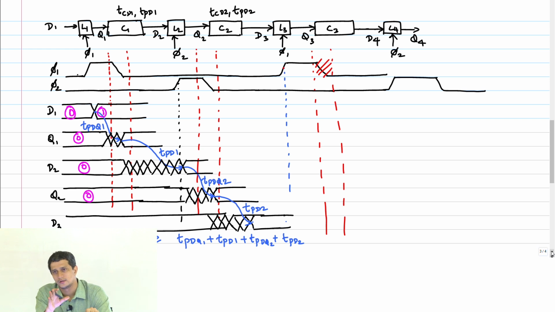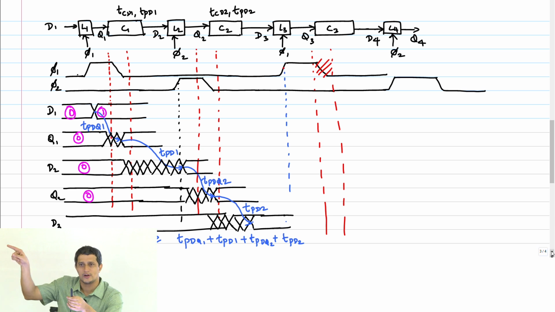Even before phi2 went high, you would usually have wanted to complete your operation. But now I'm saying I will borrow time in the on cycle of phi2. So the question is, how much time can I borrow? That is also a constraint we have to worry about. You're right.